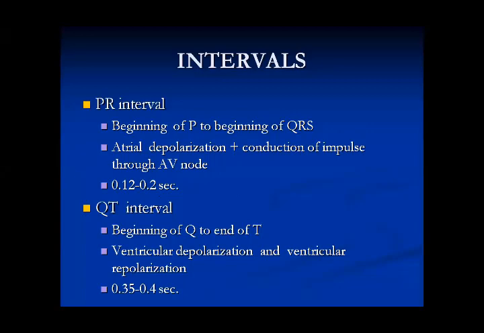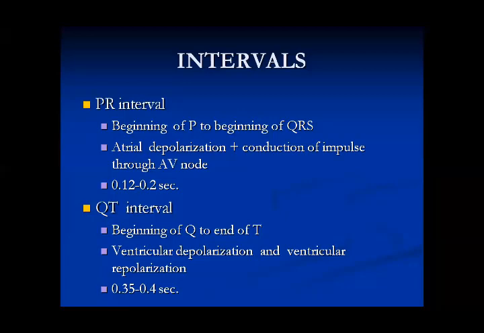Right? Now, in some ECGs, Q wave is present, and in most of the ECGs, Q wave is not present. So if there is a Q wave present, we call it PQ interval. And if there is no Q wave present, then we call it PR interval.